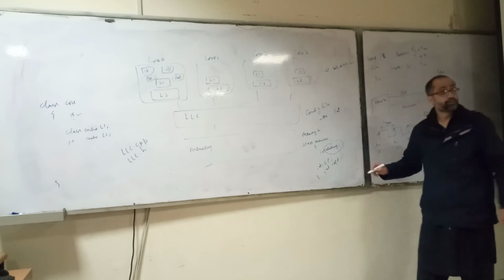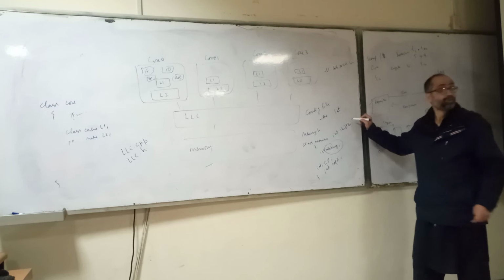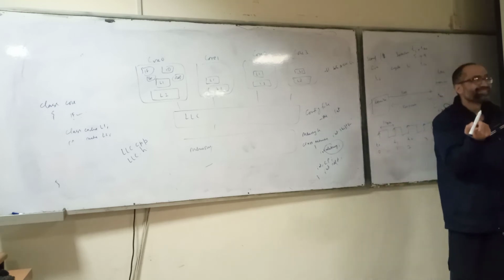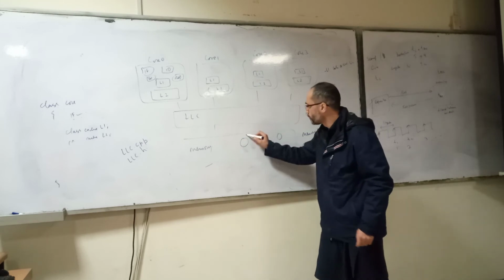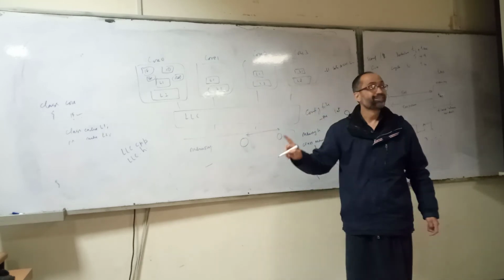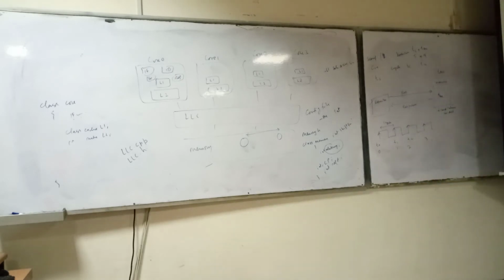Then you also need a parameter, shift latency. What is the latency of one shift? Let's assume you are here and you want to move by one domain. For one domain shift, what is the shift latency? These parameters need to be constant.